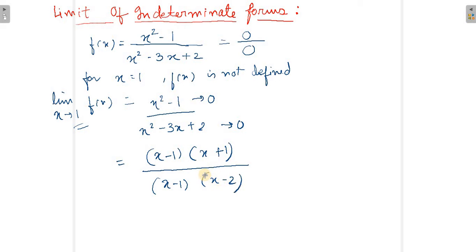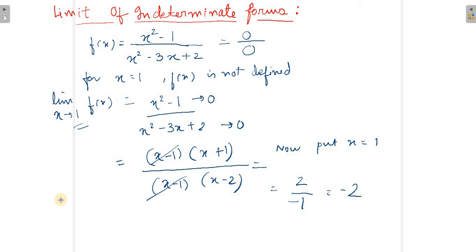By using simply the middle term factorization of the quadratic equation, we can find that this x square minus 3x plus 2 will be x minus 1 and x minus 2. So this x minus 1 will be cancelled out, and if we put x equals to 1, then we can find a value that is 2 by minus 1, that is equal to minus 2.